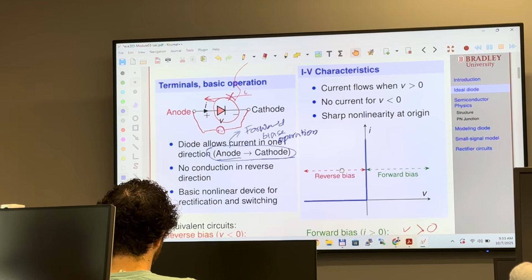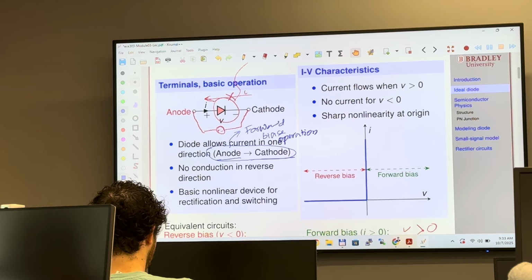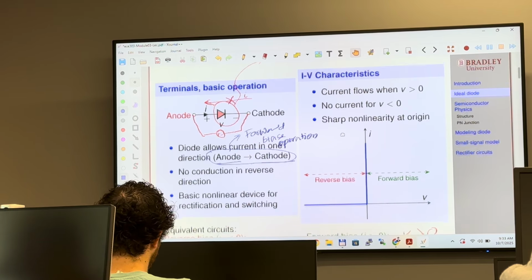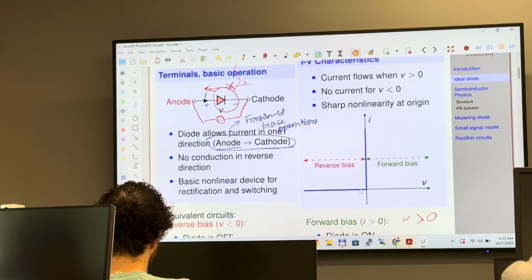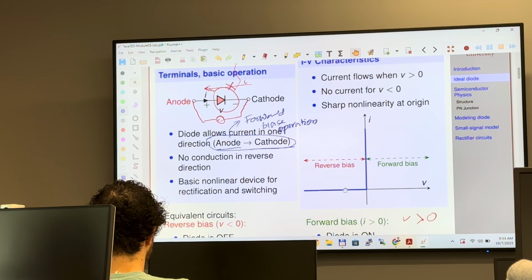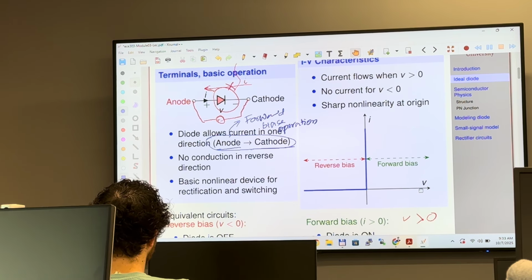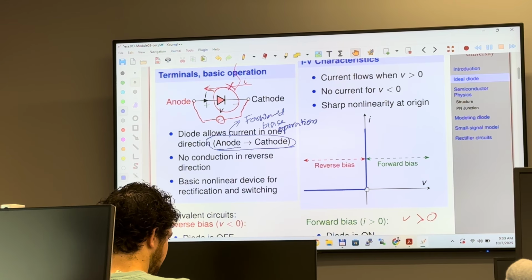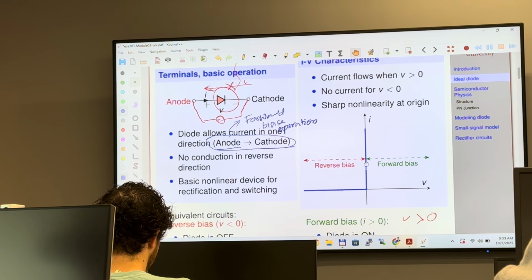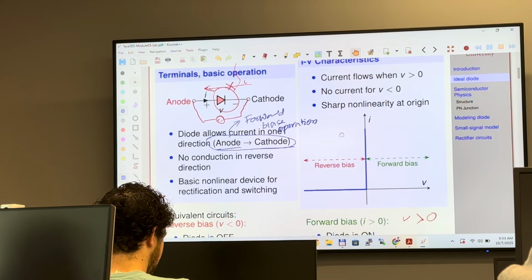Graphically, we can show the IV characteristics. When V is negative, no current will flow, which means the current is going to be 0. When V is positive, in the ideal version, there is no resistance or anything.